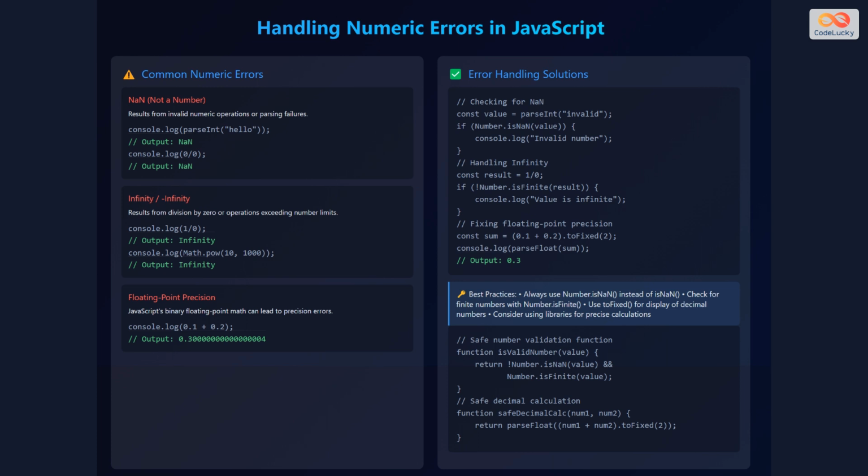Not a number can be checked using the isNaN method, and infinity can be handled using the isFinite method. Floating point precision errors can be handled using the toFixed method. It is best practice to use Number.isNaN instead of the global isNaN, to check for finite numbers with Number.isFinite, and use toFixed for the display of decimal numbers.